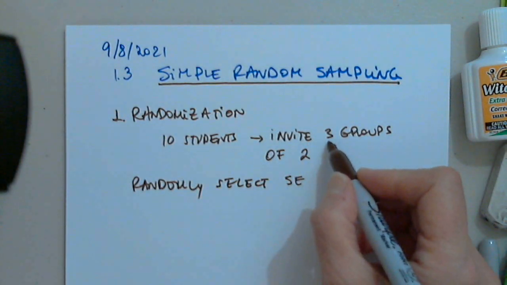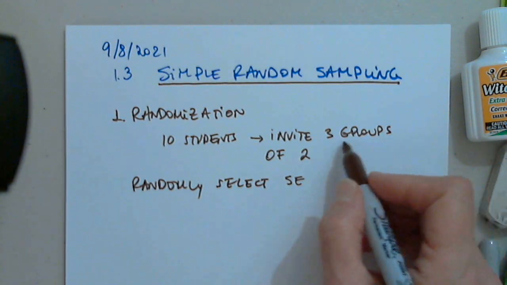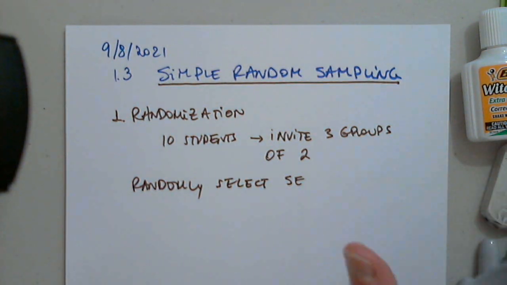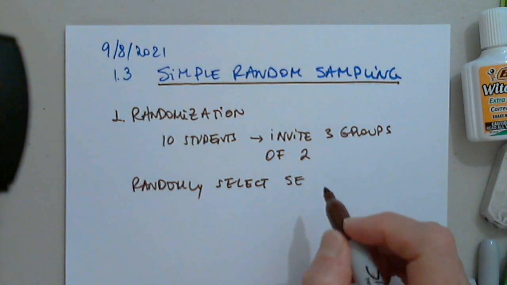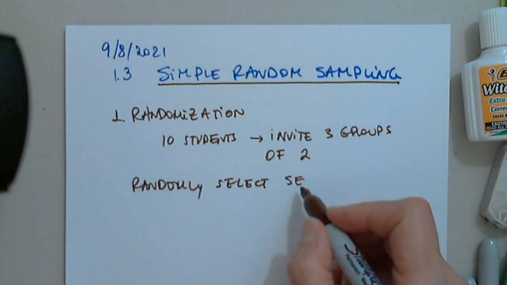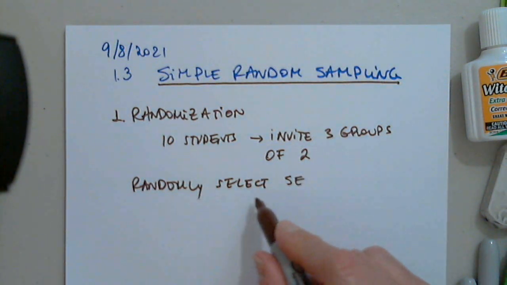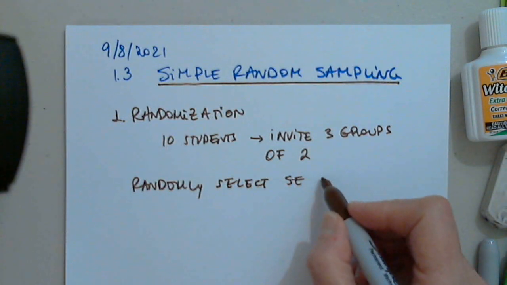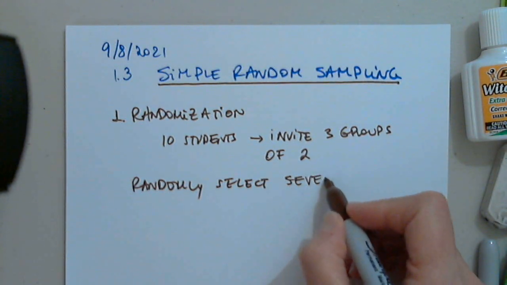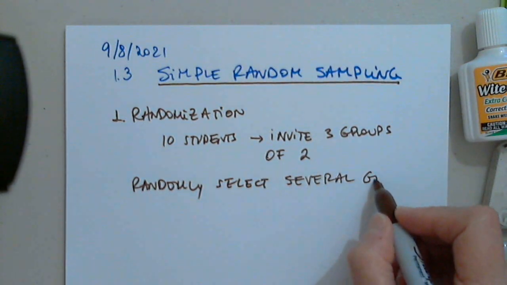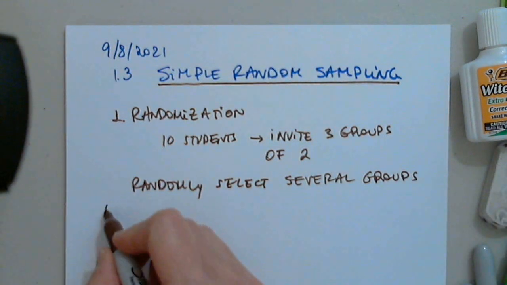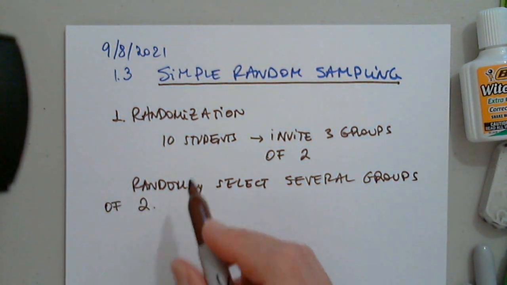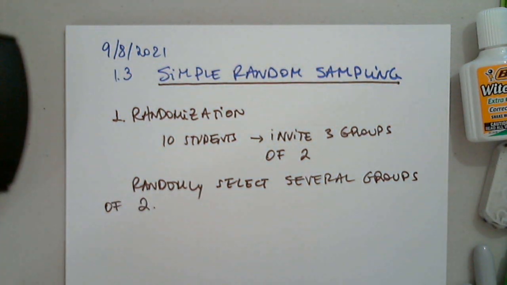I can use the first 3 groups or the first 5. Randomly select several groups of 2 from these 10 students.